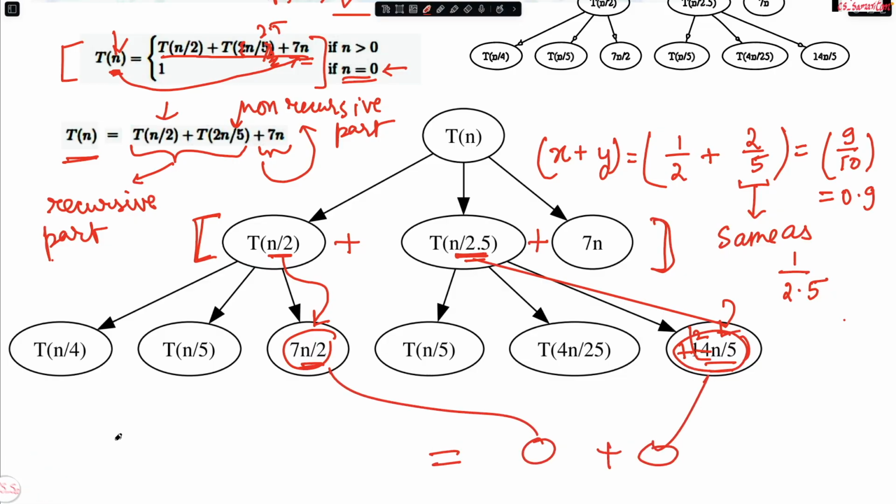This is basically equal to 7 times n by 2 plus n by 2.5. Right? Common sense stuff, because at every single step, this term came from the fact that 7 was multiplied to this term, the internal part of this. So directly adding together the internal part of these is going to give us something which, if multiplied with 7, is going to be the addition of the next level's non-recursive part.